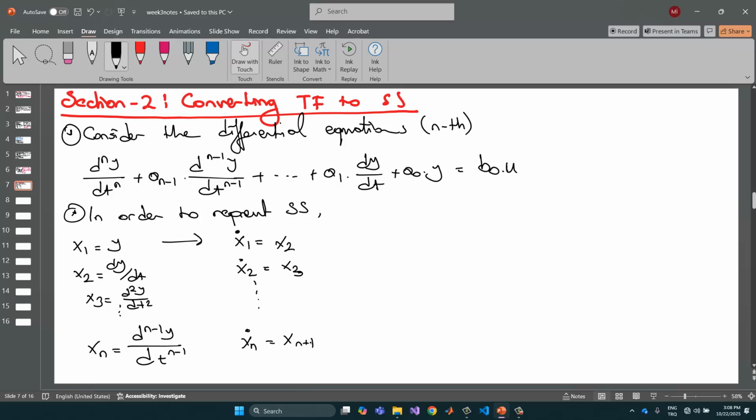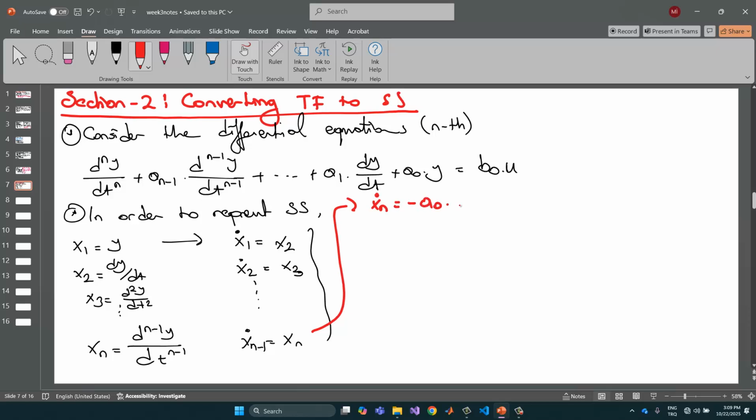But in order to remove this plus 1, we should write minus 1. Okay, that's it. So we need to turn this into the equation. This is the xn, and so we can write this xn just like this. This yields xn dot, which is equal to what?